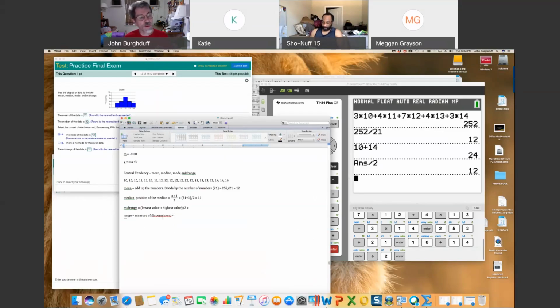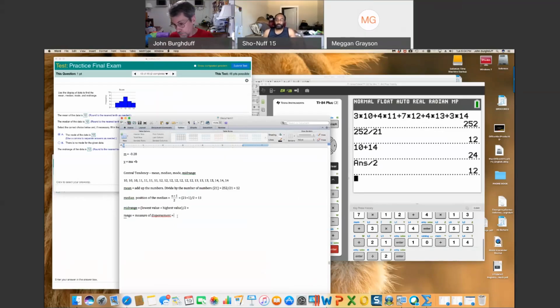Dispersion tells you how much the data is spread out, and all the range is, is just the difference of the largest value and the smallest value. You take whatever number is the largest number on your list, and you subtract whichever number is the smallest on your list. And that number tells you that the data is spread apart 4 units from the smallest number to the largest number.